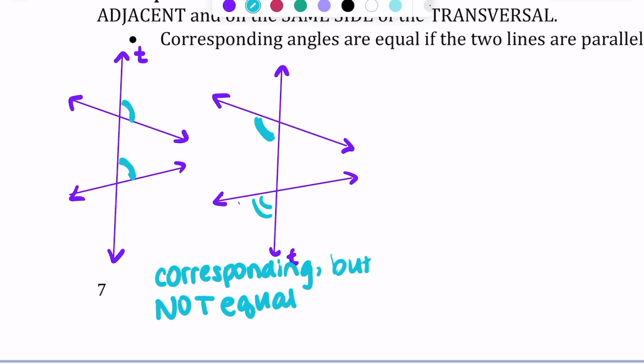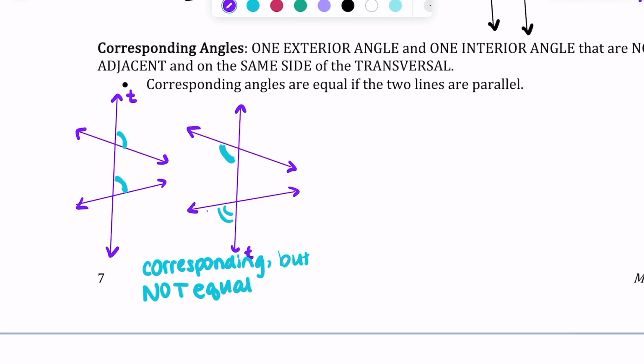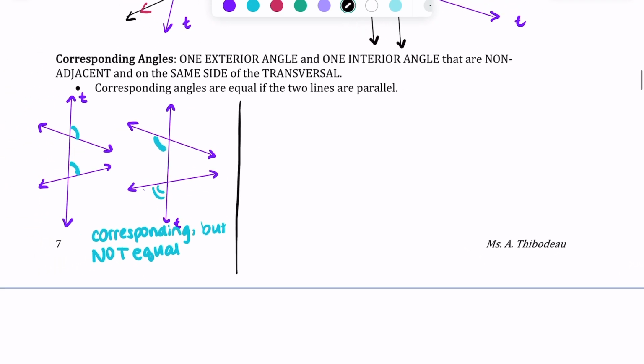Now, something that's really cool about corresponding angles is that if my corresponding angles happen to be on parallel lines, the two angle measures will be equal to each other. Each pair of corresponding angles on parallel lines will be equal to each other. So we are going to draw the same diagram 4 times.